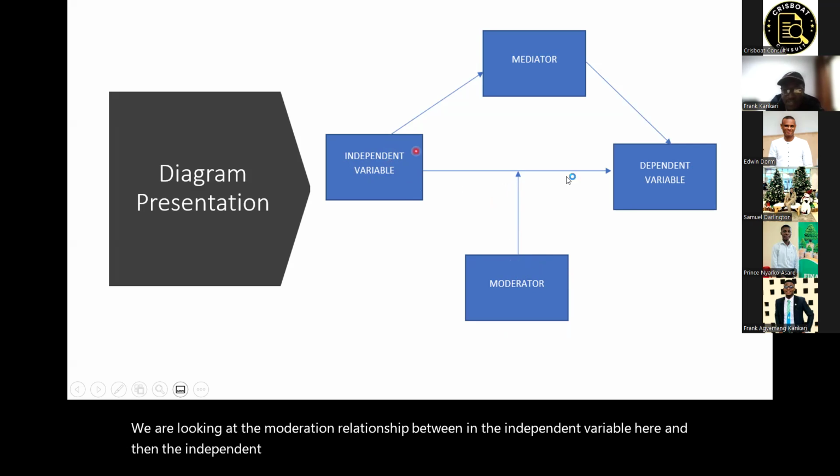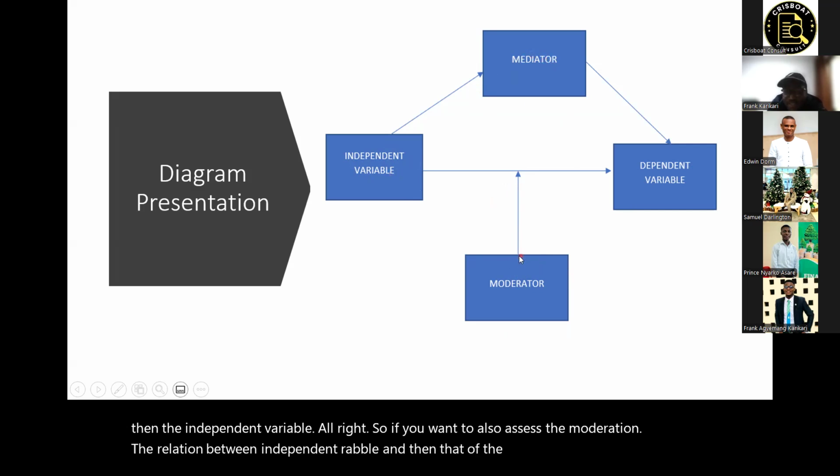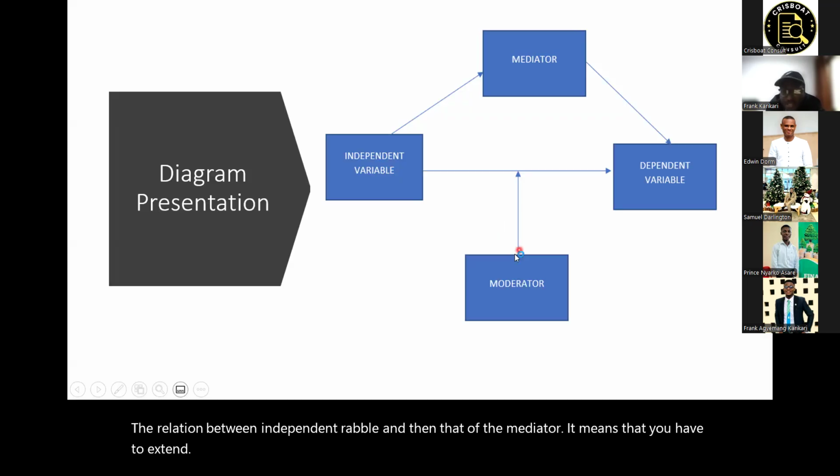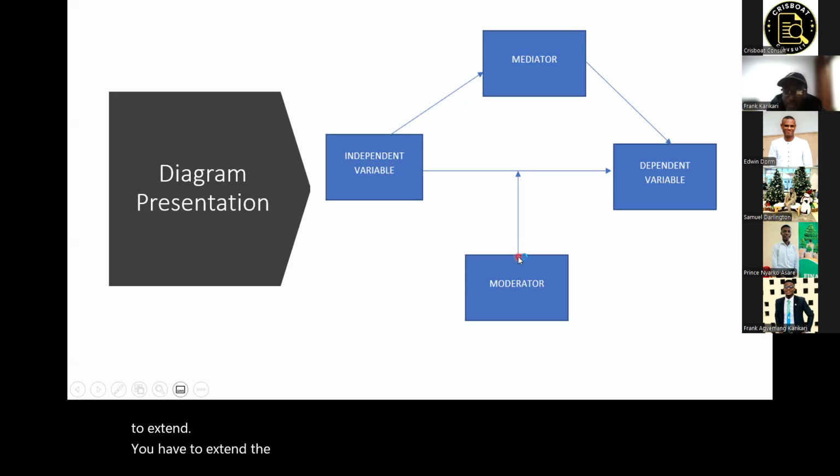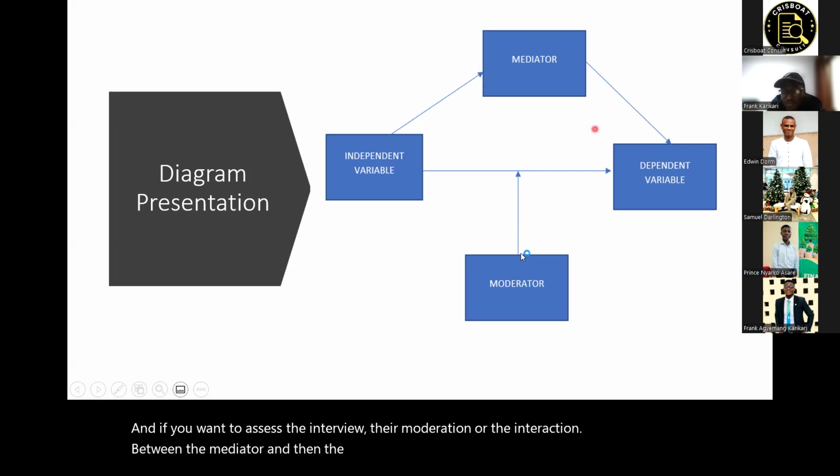If you want to also assess the moderation relationship between the independent variable and the mediator, you have to extend the line from the moderating variable to this line here. And if you also want to assess the moderation or the interaction between the mediator and the dependent variable, you have to extend the line to hit this point. All right, so that is the key difference you're supposed to take note of.